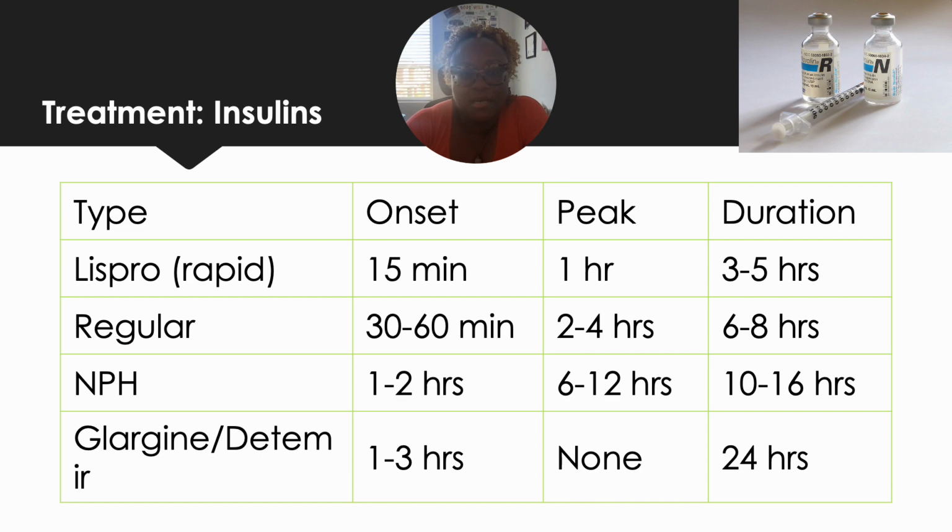One of the nursing things that we have to remember is that when we're giving these insulins, we want to make sure that we are providing some sort of snacks for these patients, especially if we have patients that are on more than one, and they're on a sliding scale and they're getting long acting at night. So we just want to make sure that we have snacks provided for our patients that are taking more than one insulin while they're inpatient.